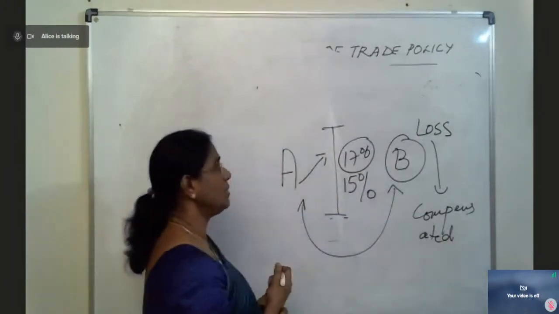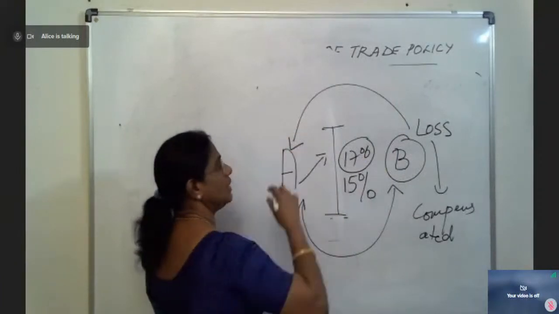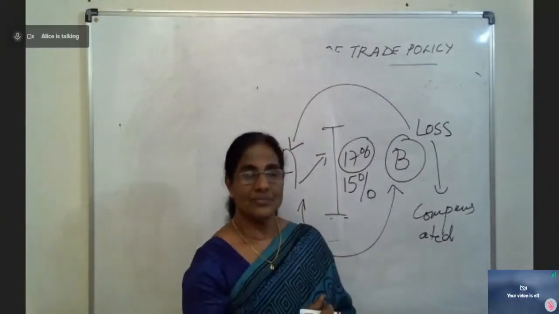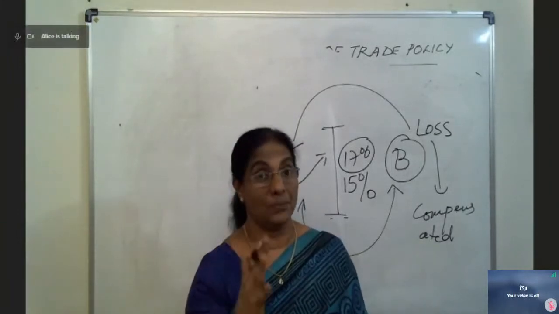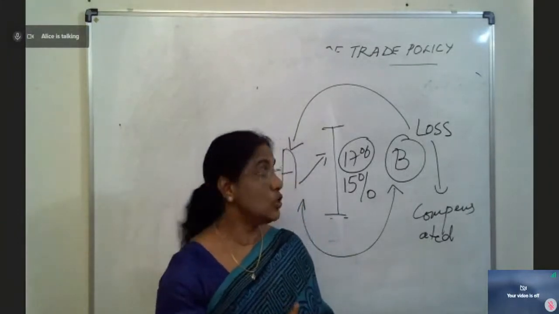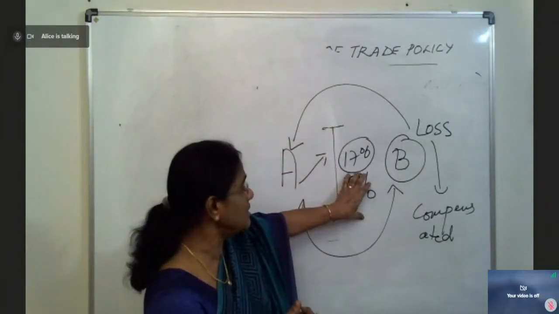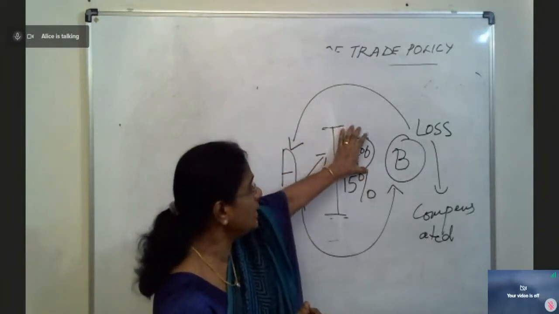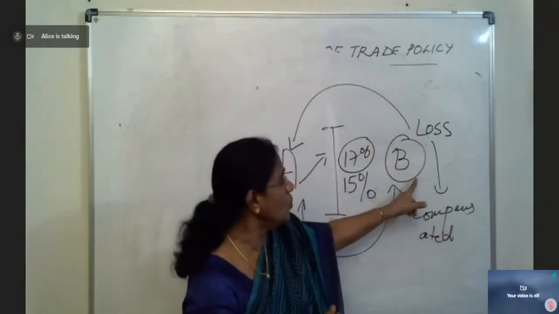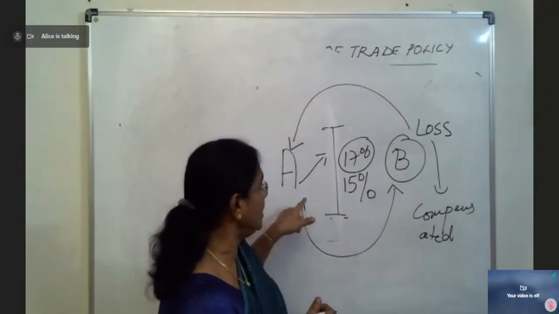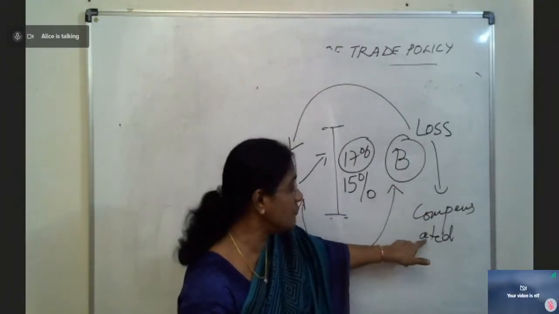How will you compensate a loss? Allow some other good to come into this country. Reciprocal arrangement, foreign trade is so complex. So if the bound tariff is 15% and you want to increase it to 17%, you can, provided you have come to an understanding with B, and B should be compensated for the loss.